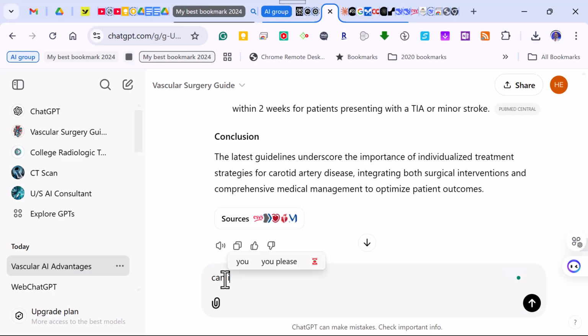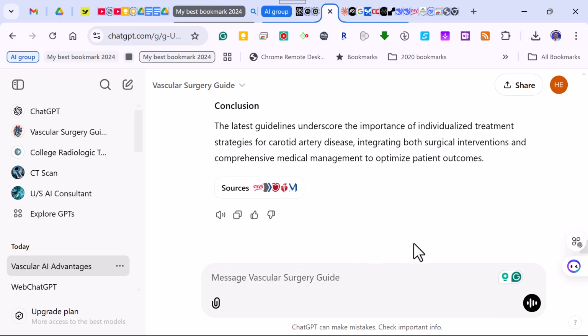Can I have your advice about a vascular case that I have? Now, here is a bit of a problem for different AI because they don't want to give a treatment to patients. Otherwise, you can sue them for bad advice. So there is a lot of limitation with multiple AI.